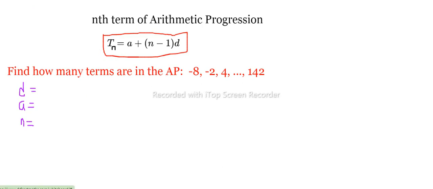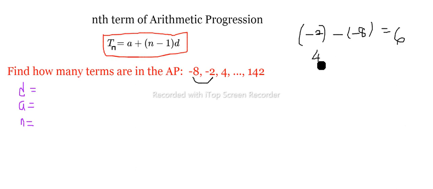From minus 8 to minus 2, let me write it out: minus 2, which is the second term, minus minus 8, will give us 6. So that means we added 6. Let's check the second one: 4 minus minus 2 will give us 6 as well. So our common difference is plus 6.